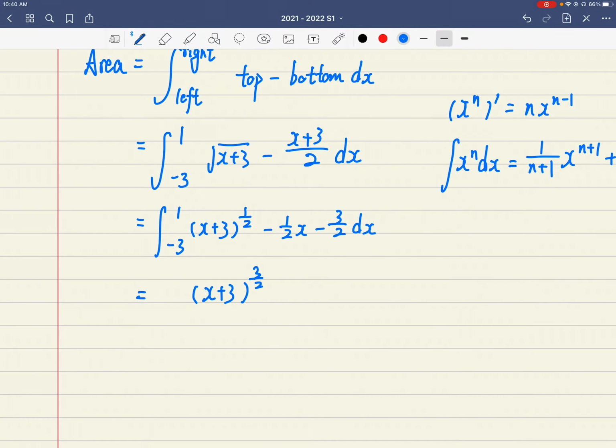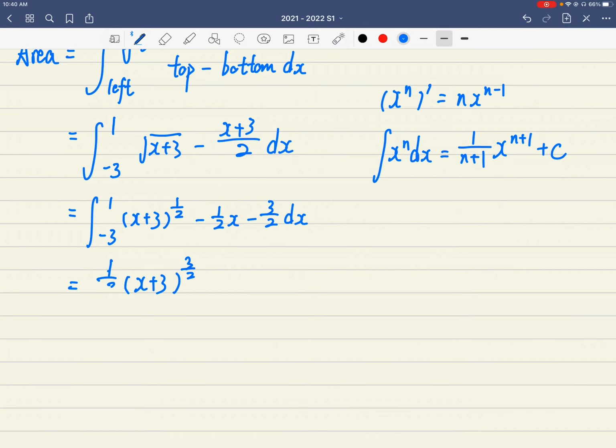Then you divide by 3 over 2, which means you multiply by 2 over 3 in front. Similarly, for minus half x, you integrate it and it should be x squared over 2, since differentiating x squared gives 2x. So you divide by 2, giving 1 over 4 x squared. And for the 3 over 2, it integrates to 3 over 2 x.